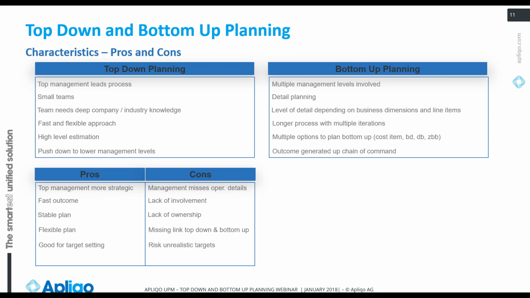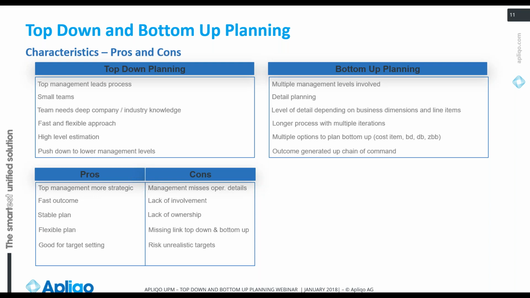There are a lot of FP&A best practices for how you can do a detailed bottom-up plan, and certain best practices which really allow you to streamline the whole bottom-up approach, for example driver-based planning, which was also one of the topics in our previous webinars.